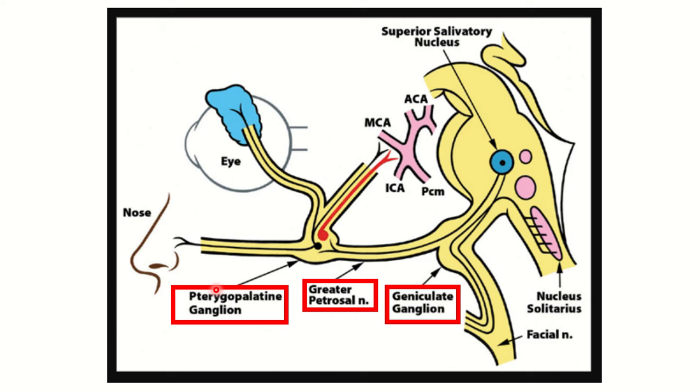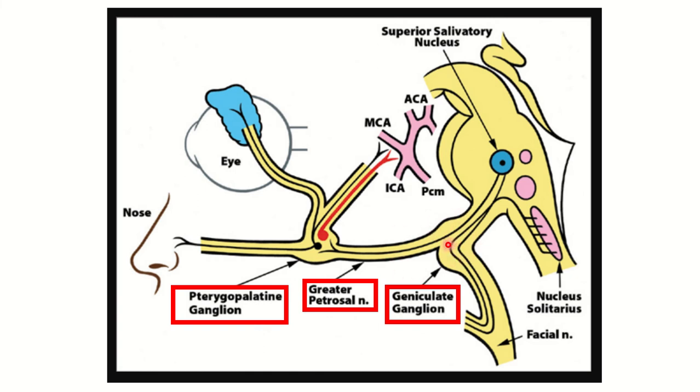So here in this picture we can see the nose, and above the nose there is the eye, and here we can see the brain, medulla oblongata, pons, and other structures. From the superior salivatory nucleus the fibers arise and come down, and at this point is the geniculate ganglion.